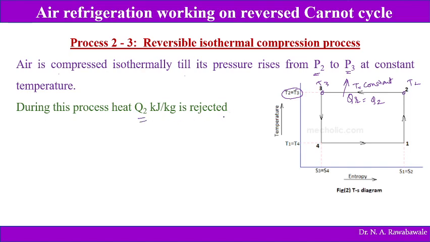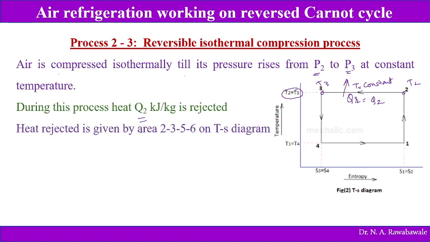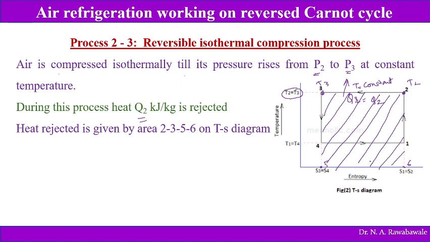So amount of heat which is rejected is given by this TS diagram. So heat rejected is given by the area 2356. If we calculate this area on this TS diagram, this area below this straight line 2 3 gives us heat rejected. So this area can be given as a rectangle.